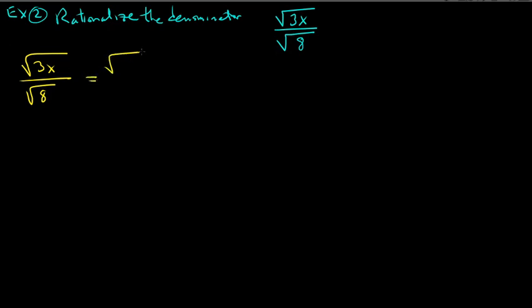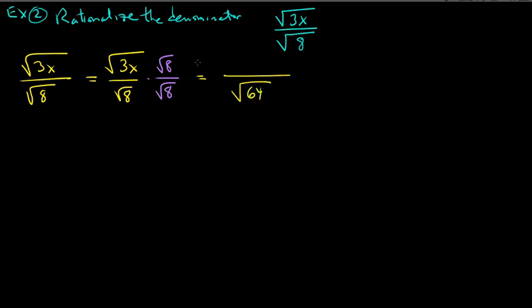Well, we can do the same trick that we did in the previous problem. We can multiply numerator and denominator by just the same denominator, the square root of 8. So you're always allowed to do that because you're just multiplying by 1 here. Now, what does that get us? Well, notice the denominator is really the square root of 8 times 8, which is the square root of 64.